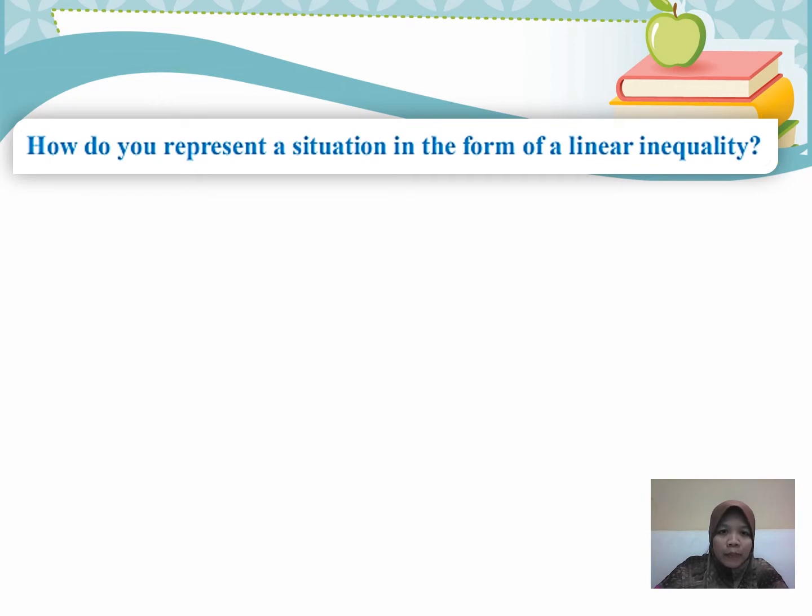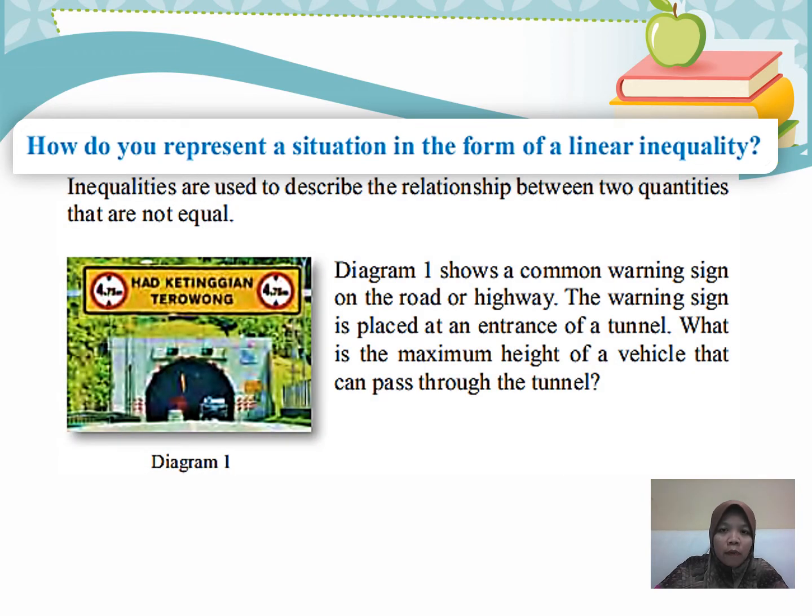How do you represent a situation in the form of a linear inequality? Inequalities are used to describe the relationship between two quantities that are not equal. Diagram 1 shows a common warning sign on the road or highway. The warning sign is placed at an entrance of a tunnel. What is the maximum height of a vehicle that can pass through the tunnel?